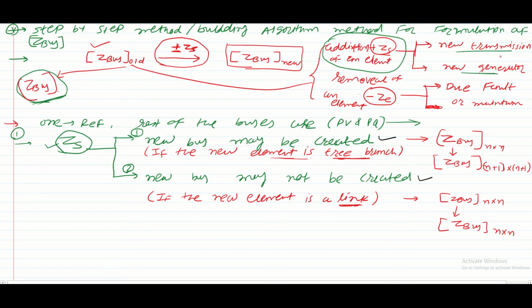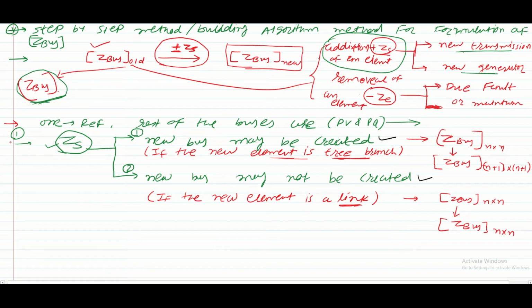As we know, day by day the energy demand keeps increasing due to increase in population and industrial growth. So the chances of installation of new transmission lines and new generating stations are more, and that's why the addition of a new element into the existing matrix is more.